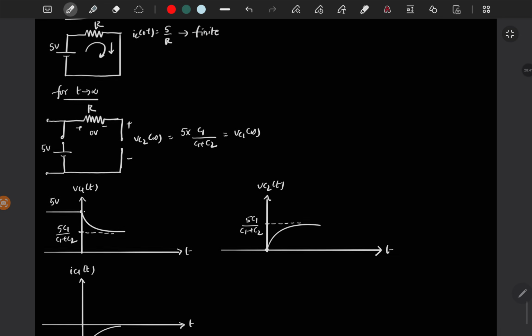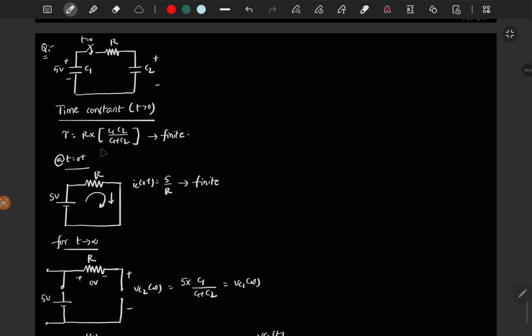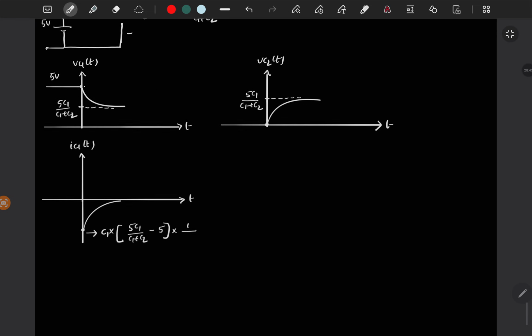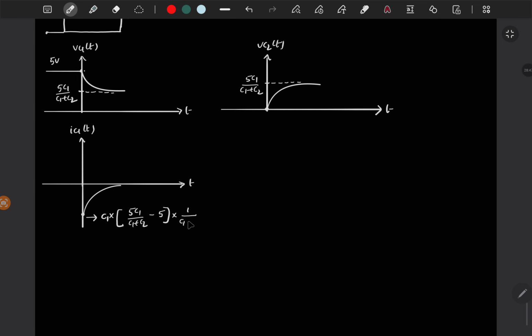Time constant is, these two are in series, right? So C1 C2 by C1 plus C2 into R. So that is the magnitude.